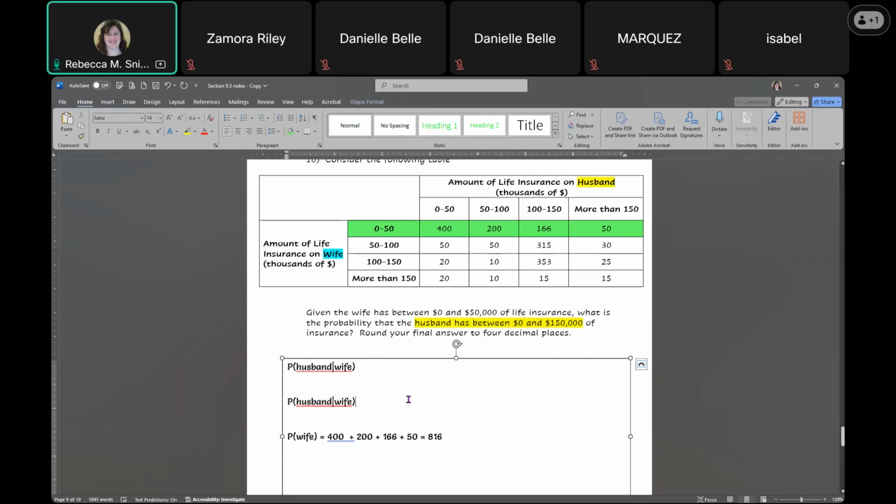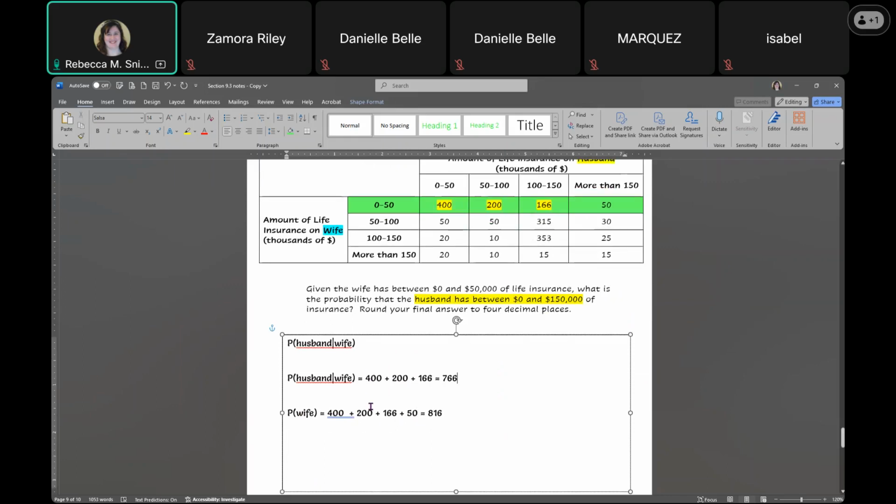So the part we are now using is this piece right in here, between 0 and 150,000. These are the values that matter. So the husband given the wife's insurance would be 400 plus the 200 plus the 166. His total would be 766.